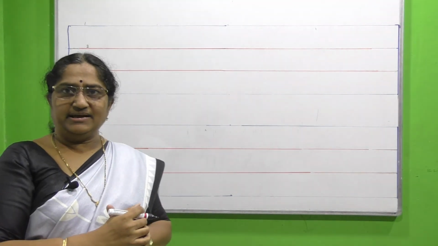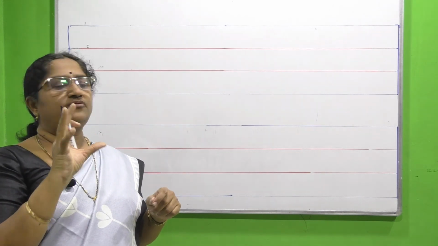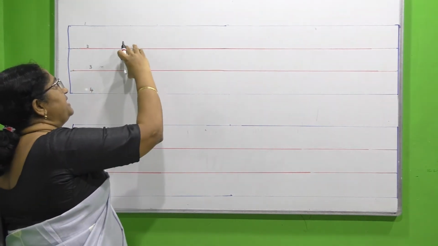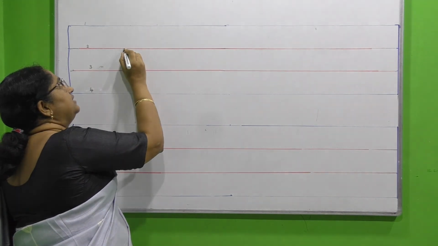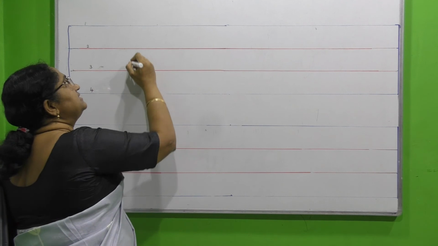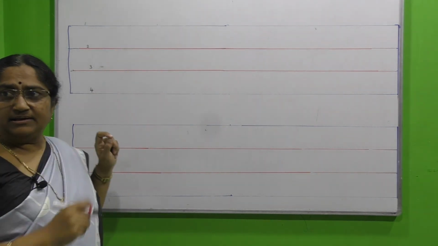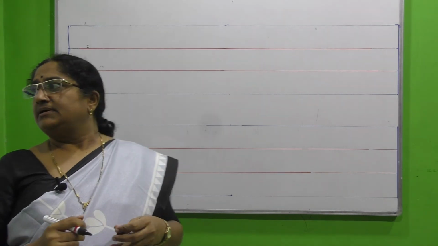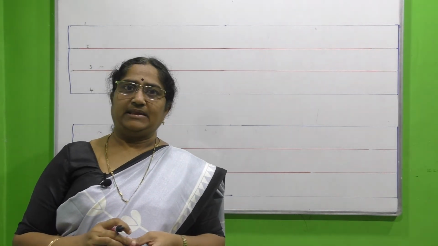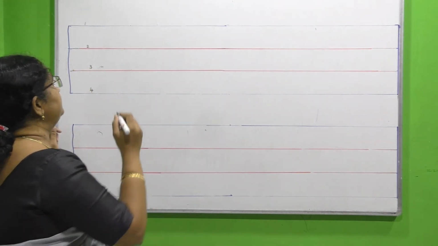We use 3 lines to write the ascenders. The main body of the letter is always based in between line 2 and 3, and there is a stroke which goes up to line number 1. And we have 6 ascenders in our English alphabet. Let us see them one by one.